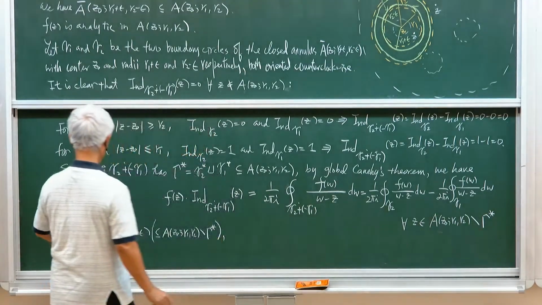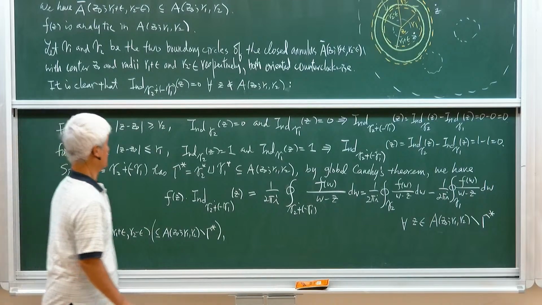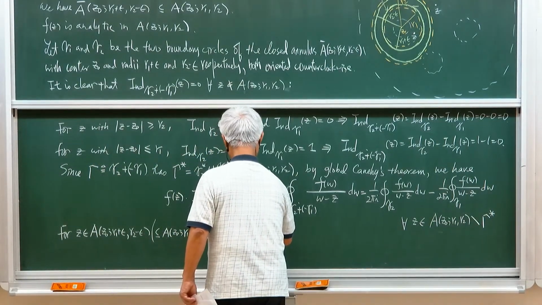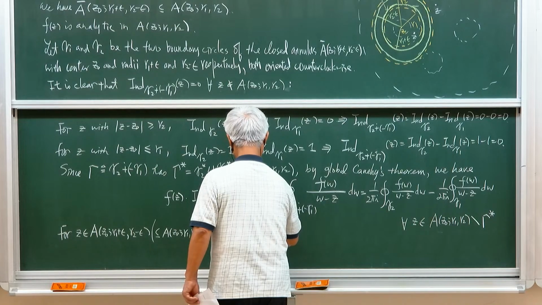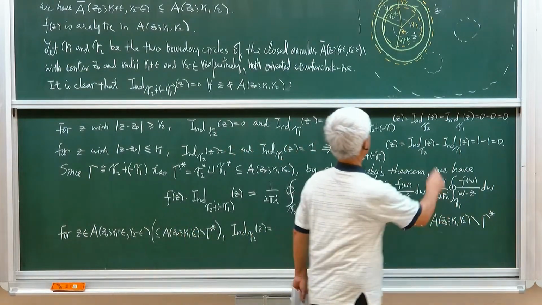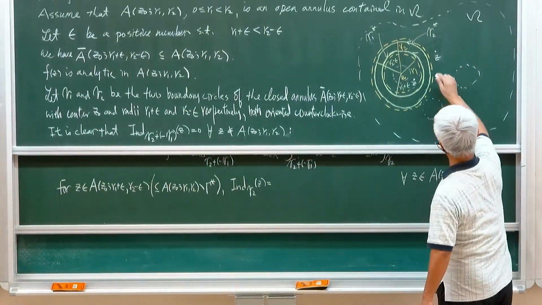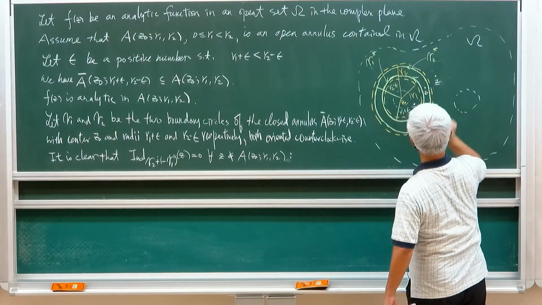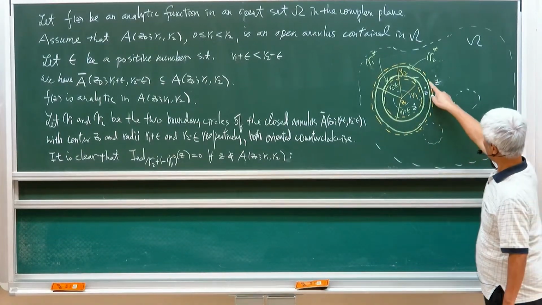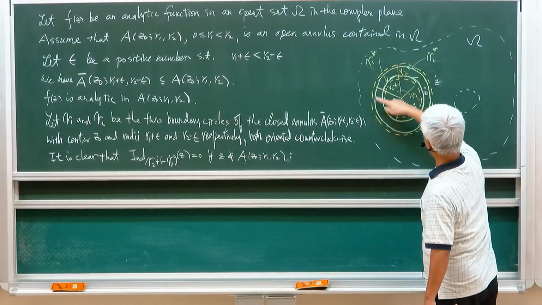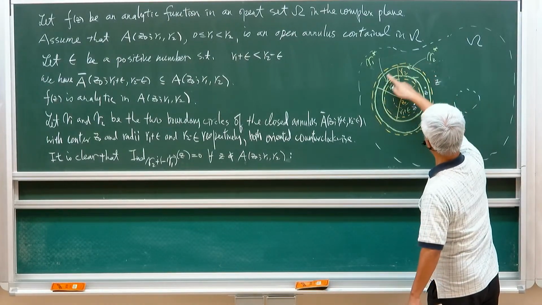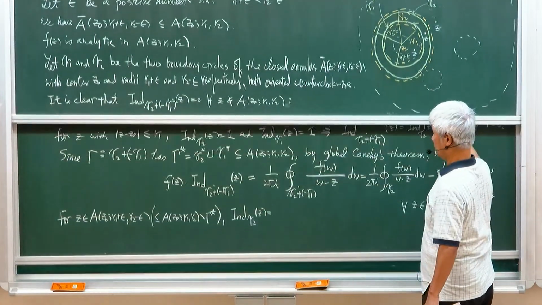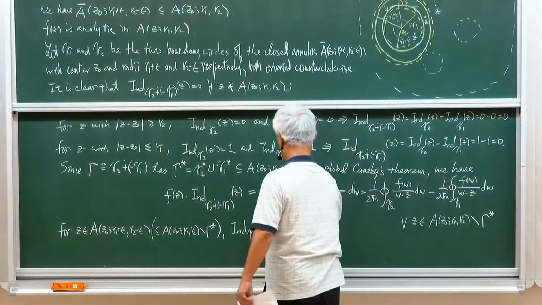So now, for z in that, when z is here, for gamma 2, for the outer circle, the index is equal to 1.